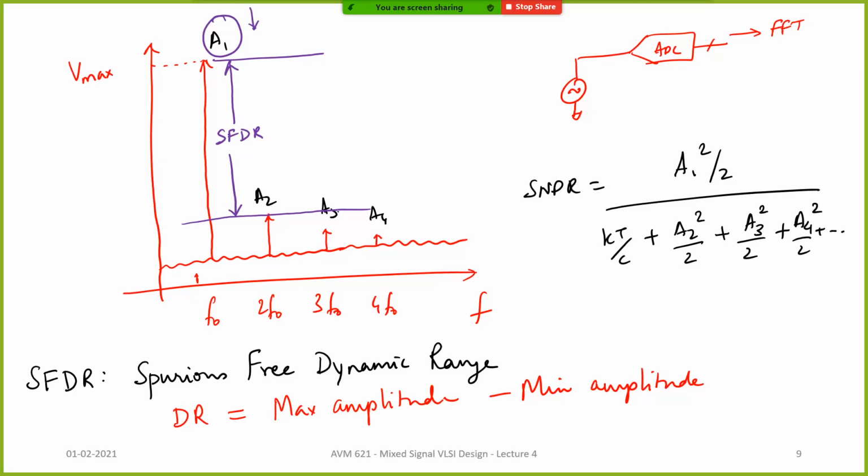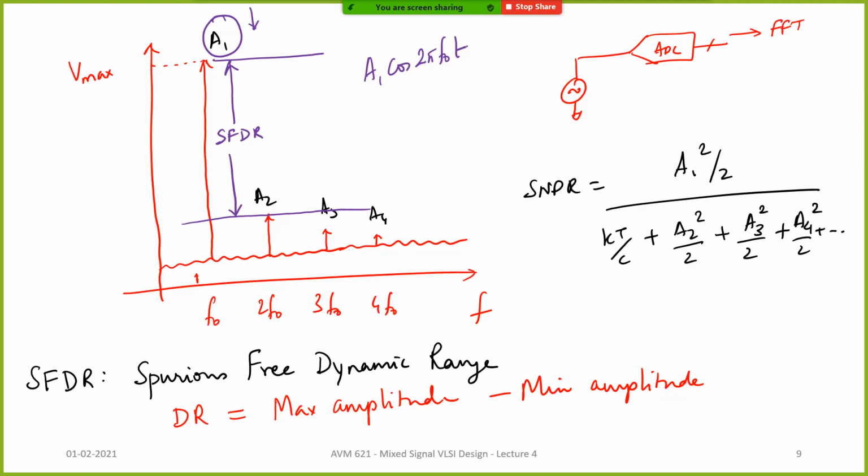In fact, your worst case tone will happen for the maximum amplitude. So usually the benchmark is done for the max amplitude. You feed in the input which is having the maximum amplitude. Basically this is nothing but a sinusoid of A1 cos 2 pi f naught t, and then you digitize it, you take the bits, do an FFT on it, and you'll basically see the noise as well as the harmonic components.